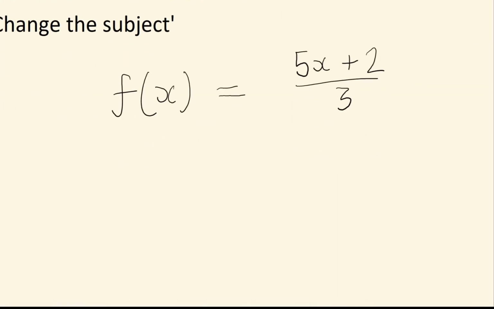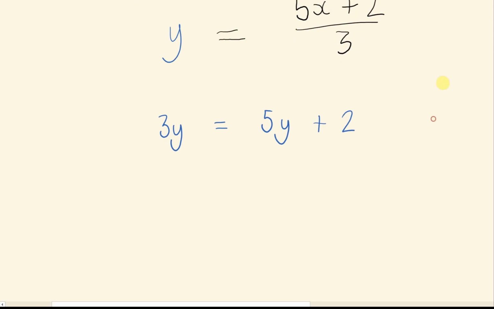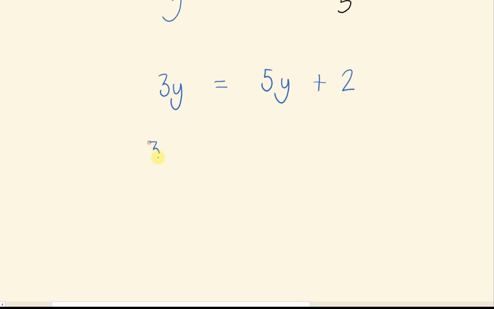So here your first step is replace the f of x with a y. And we're then going to get x by itself. So opposite of dividing by 3 is times by 3. Next I have a plus 2. The opposite of plus 2 is minus 2. So that should be a 5x up there.